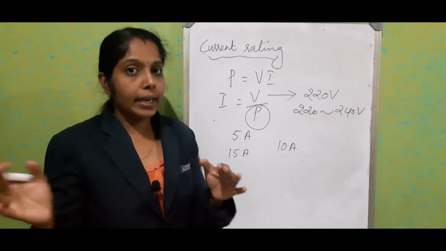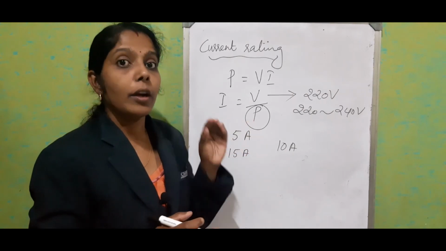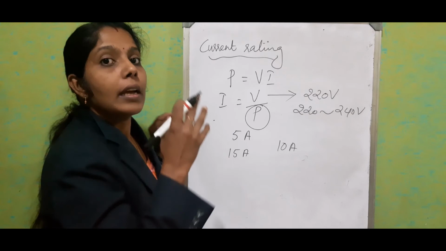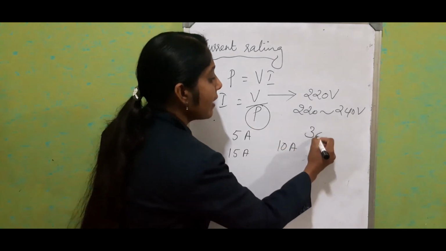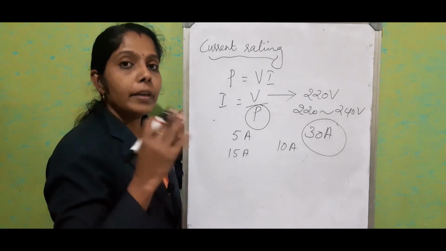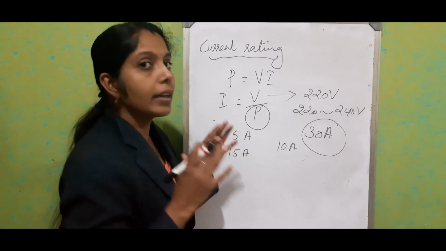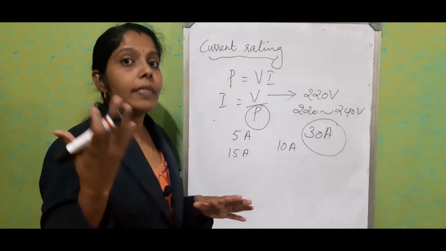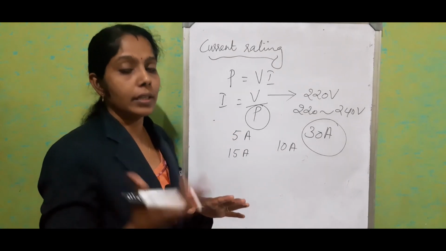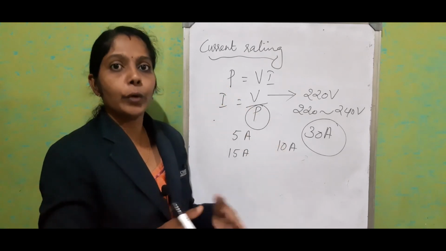So the connection we get from the company or from the electricity board, for that particular fuse, the current rating is given as 30 ampere for household purpose. The company fuse is designed to have a current rating of 30 ampere. If more than 30 ampere current passes through the circuit, that fuse will melt off and the entire circuit will break.